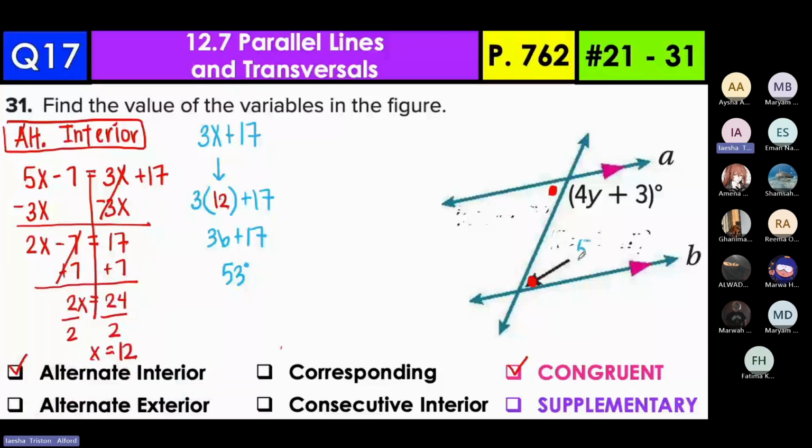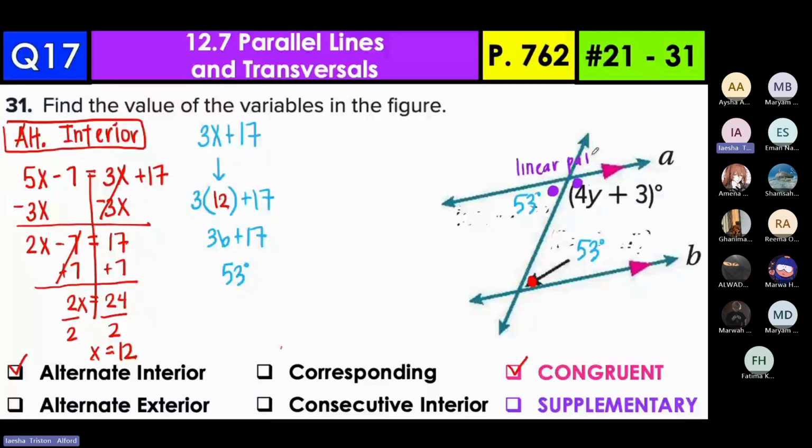So this one is 53 degrees, and this one is also 53 degrees. If you take this one and this one, it has a name. What's the name? Corresponding. These two here. If I take these two purples, they have a name. What's the name? Linear pair. Okay, fine. So you could do linear pair.